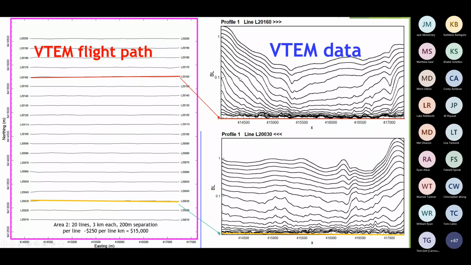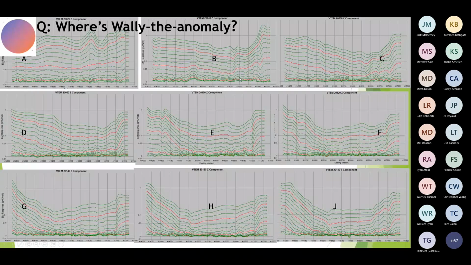Okay, this is a fun one. Where's Wally, the anomaly? You have to pick on these profiles where it is. I find geologists usually do a pretty good job on this one. Do me out of a job.